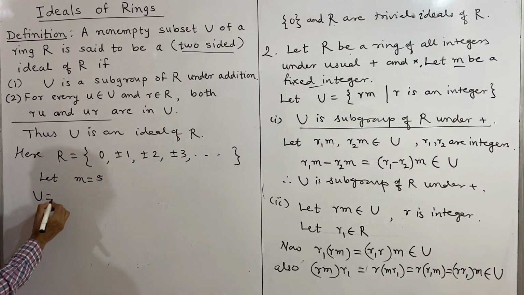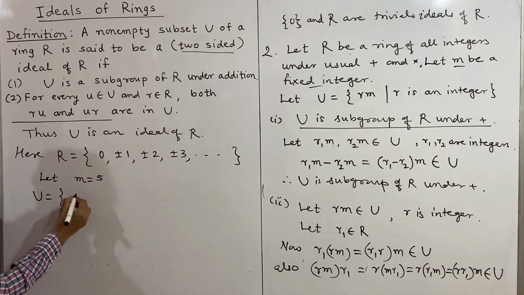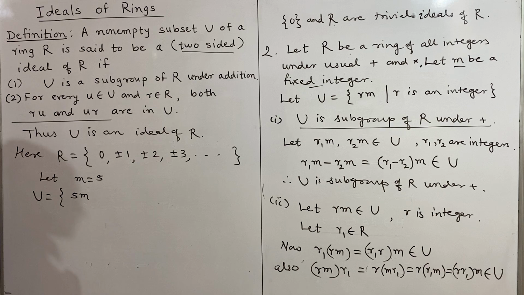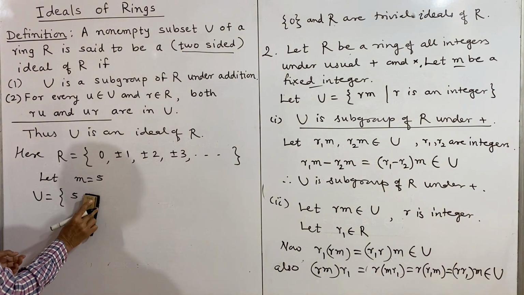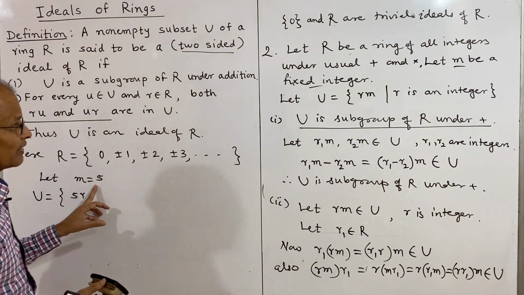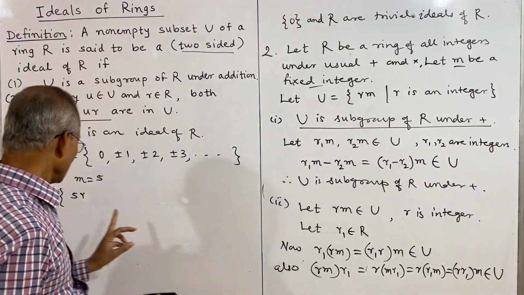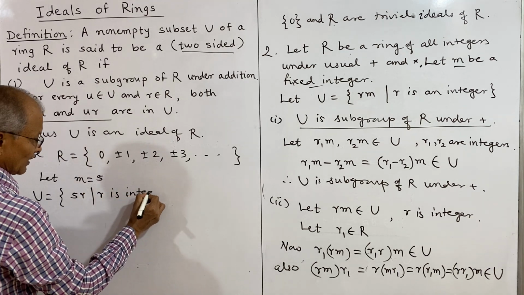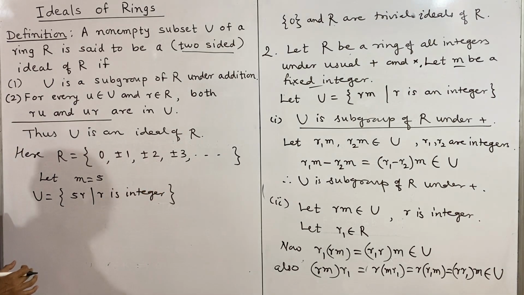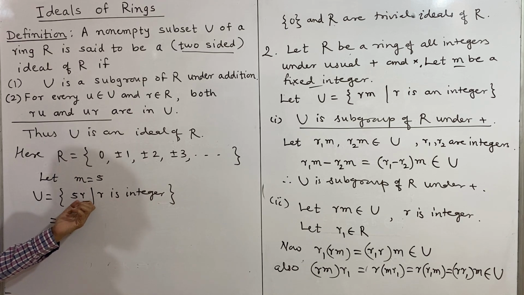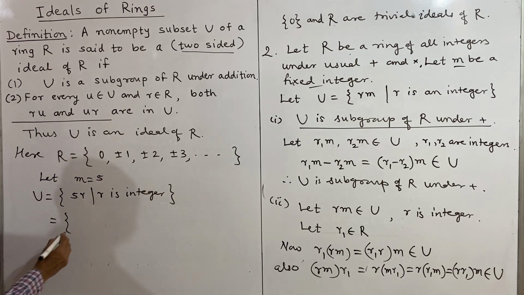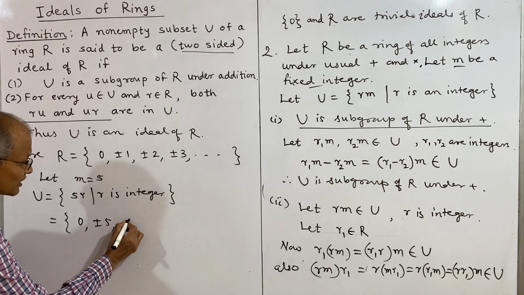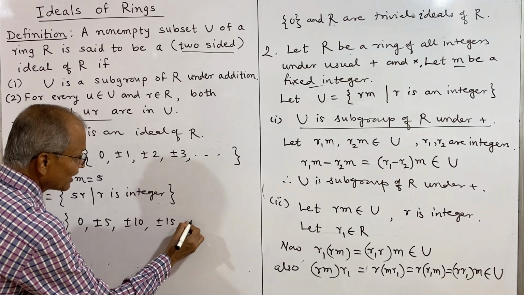Then U is equal to R into M, that is 5r, where r is an integer, meaning r belongs to R. So U is the set of multiples of 5: 0, plus minus 5, plus minus 10, plus minus 15, and so on.